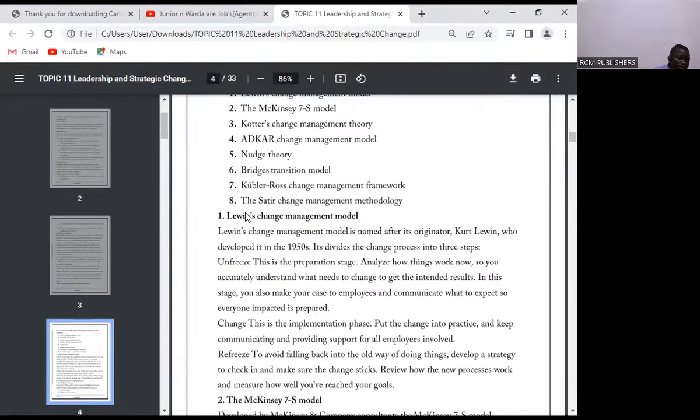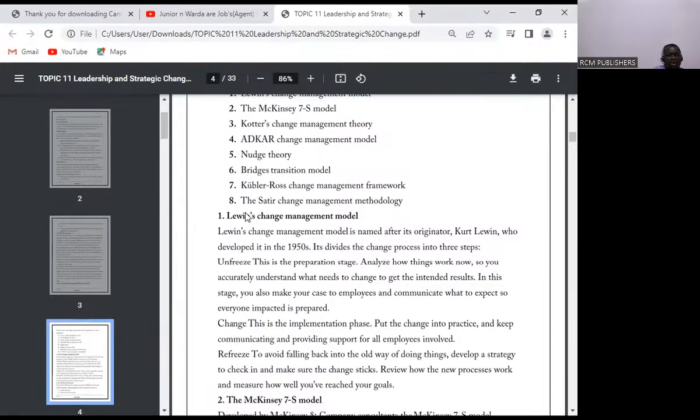This model tells the managers, yes, people have attitude, people have a perception. There is that organization culture at the workplace. So if you want to introduce a change, one of the elements that will be affecting an effective change management process is the organization culture.